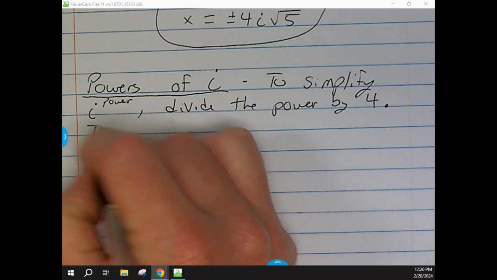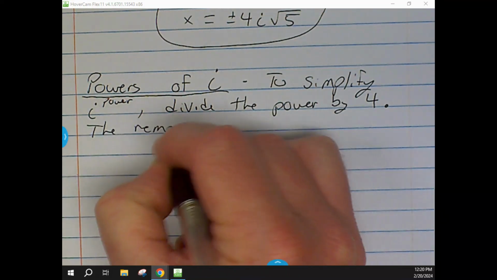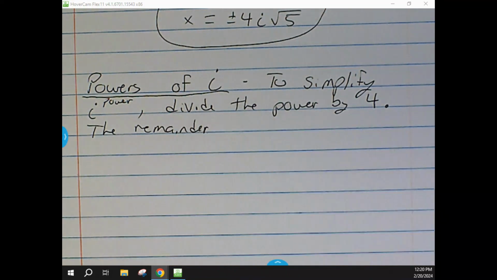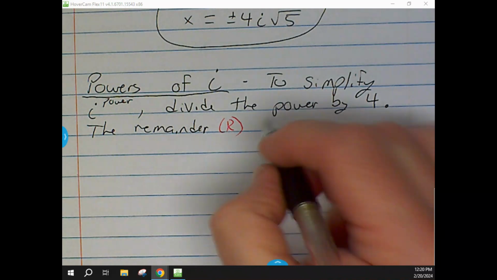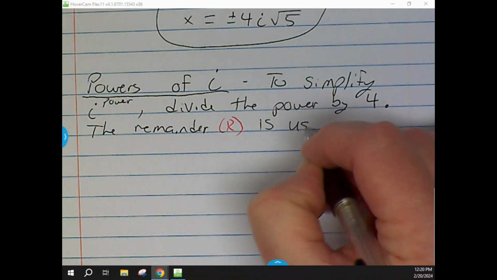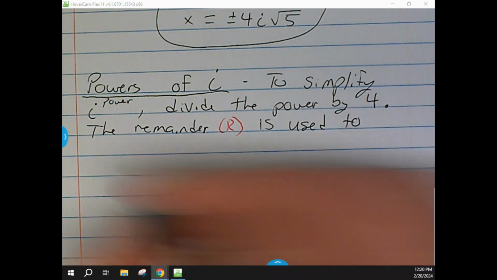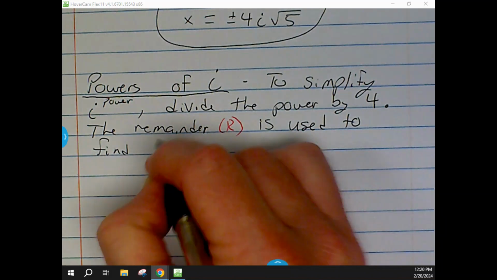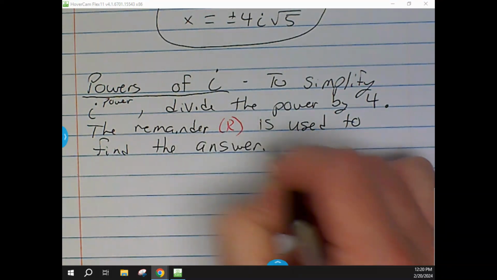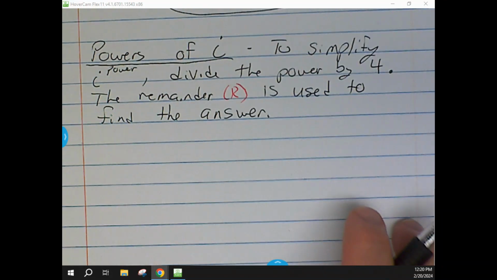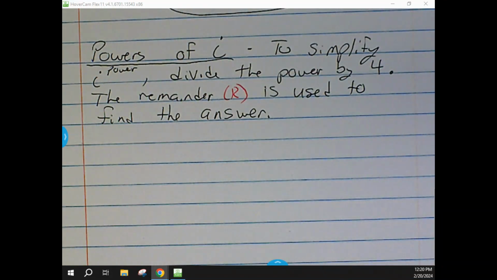The remainder, which we'll call R in this case, is used to find the answer. So the remainder is not the answer, but it helps you define what the answer is going to be.